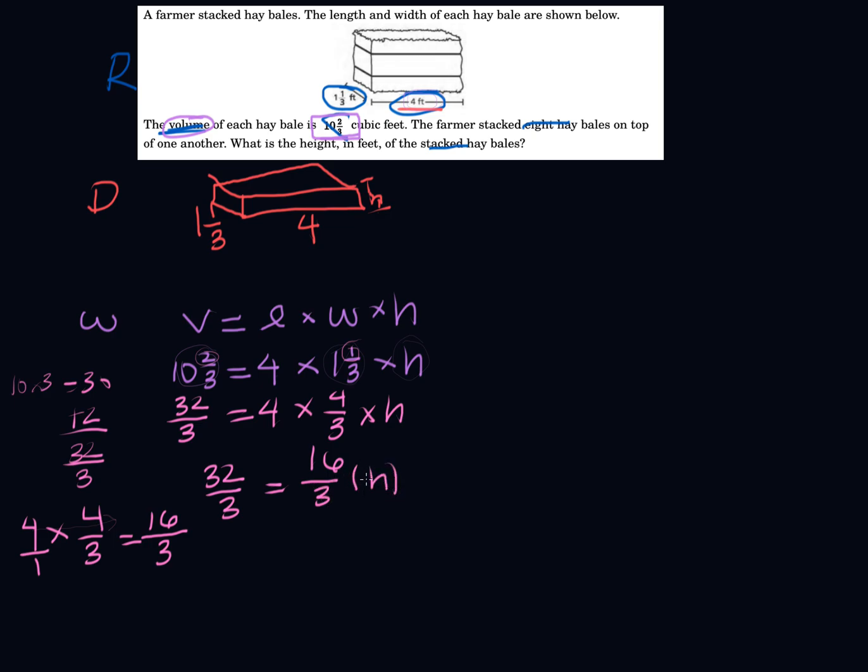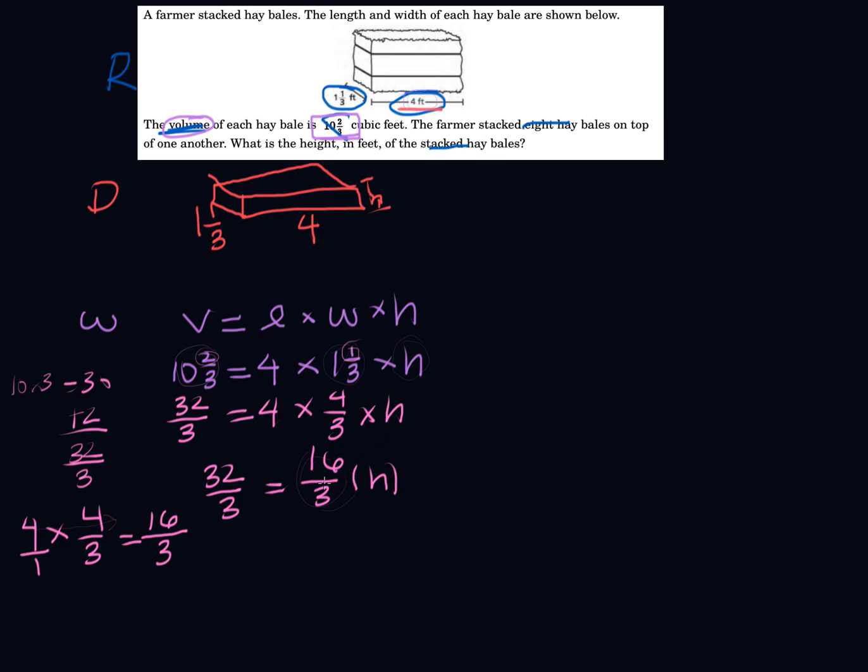Now, in order to get h alone, our height alone, we need to divide. So we need to divide 32 over 3 by 16 over 3. The reciprocal is the way to divide fractions.